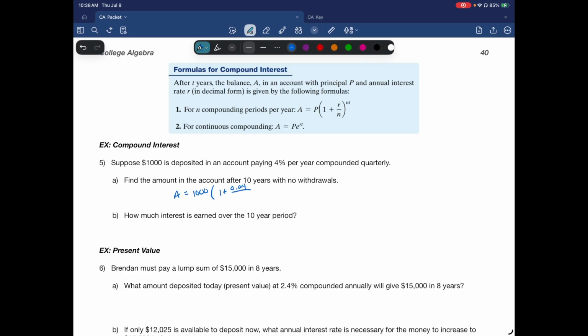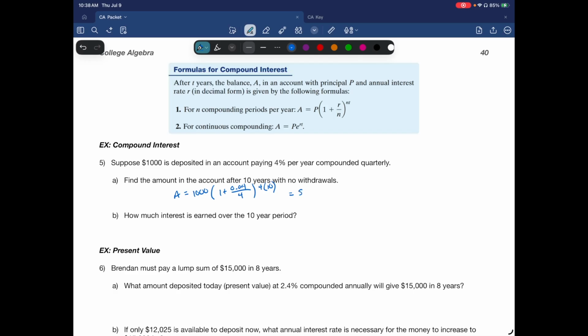It's compounding quarterly, so I divide by n, the number of times per year it's compounding. Quarterly would be 4. And then you raise that to 4 times the number of years. It says after 10 years. So if it's 4 times a year for 10 years, it's going to compound 40 times. So you set up your equation, and then you crunch your numbers.